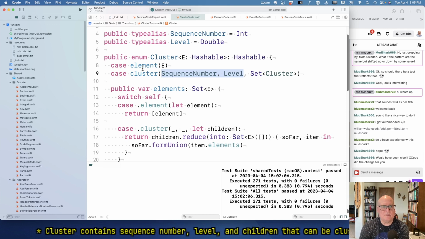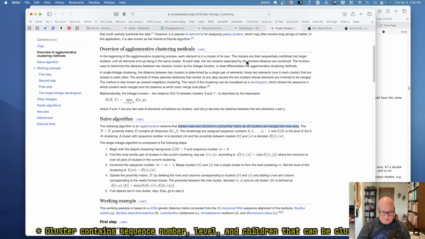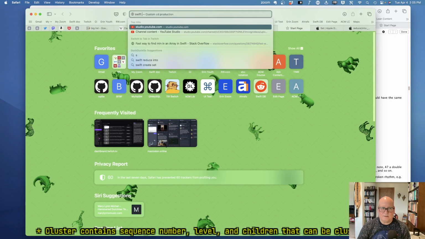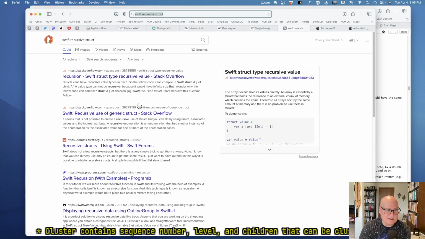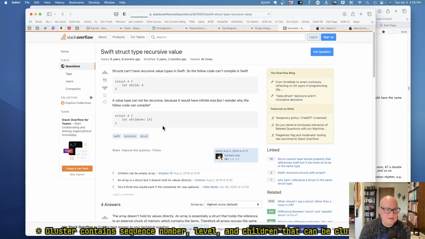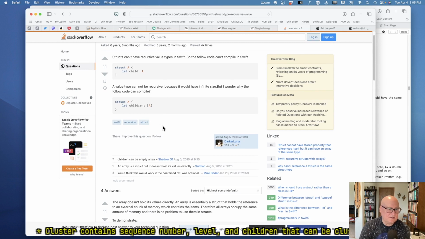Maybe that would be better. I always think of these as being independent things. Well, I guess that, yeah, I don't know. Let me search that too. Swift recursive struct. I've used the enums for this, I don't know, a dozen times now. Structs can't have recursive values. Okay, good enough.